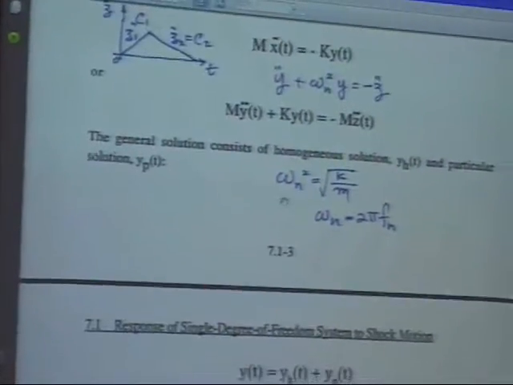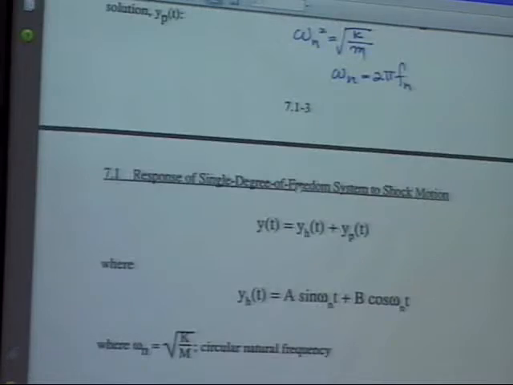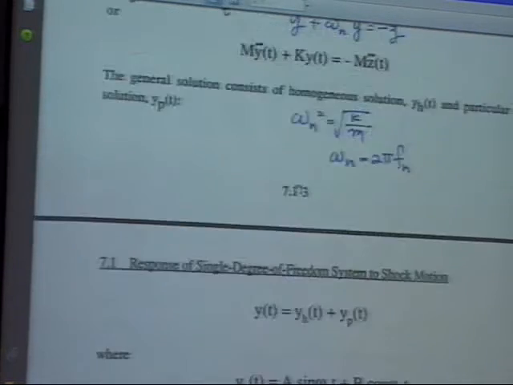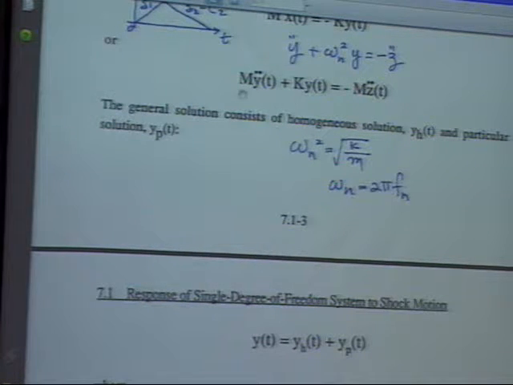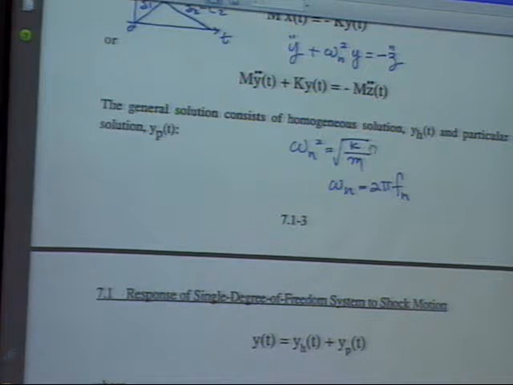And this equation set is all clear. Now get the solution. You have to get the solution of the equations of motion. When you solve this second order differential equation, you still have to be very careful.